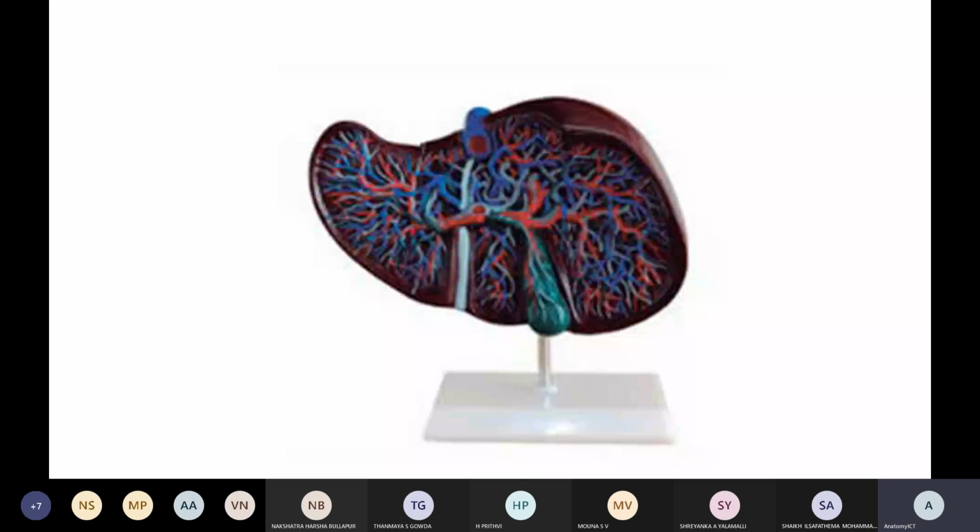So when you palpate from the umbilicus towards the right costal margin, you will automatically get the edge of the inferior border of the liver. So that can be palpated easily.